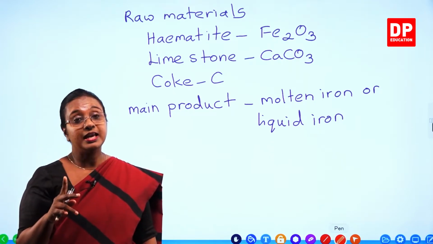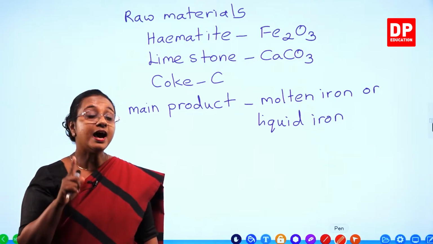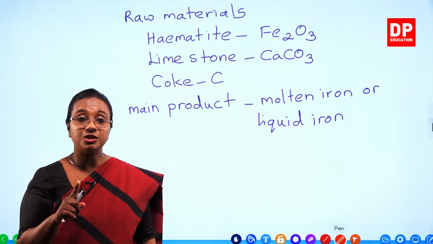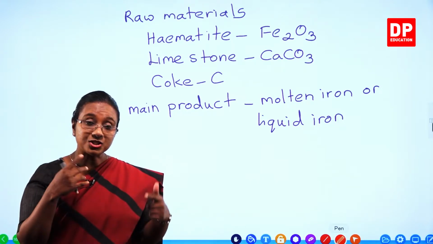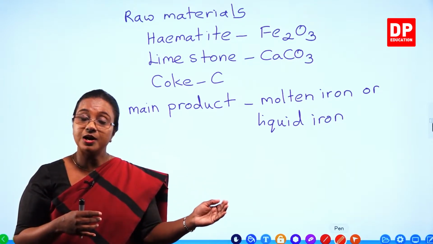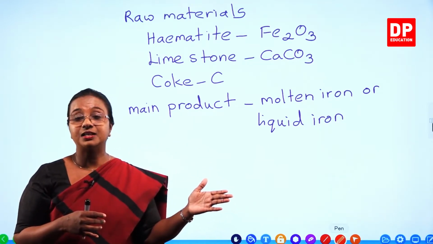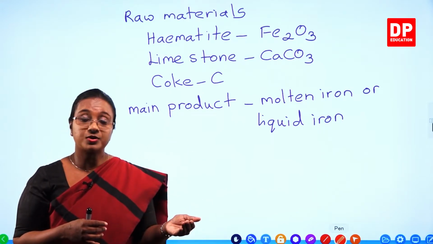So there again carbon dioxide is released. And if you can remember, I mentioned that part of this carbon dioxide, when the reaction is continuing like a cyclic process, can also react with carbon again and form carbon monoxide.